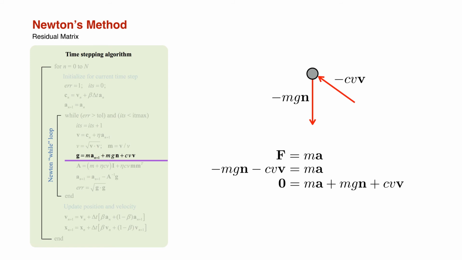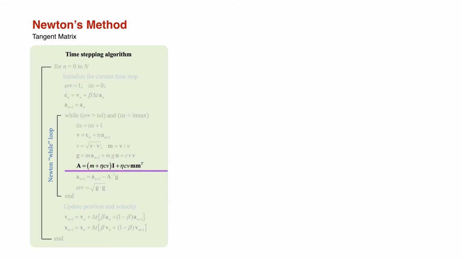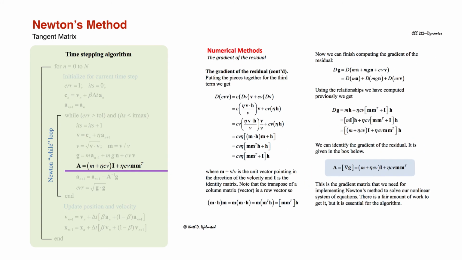We set the equation equal to 0. And then that's our residual equation. So we have G is the residual, as a function of A. So that's what that notation means. And then as you can see, that's the same equation in our pseudocode on the left. So then next we have the tangent, and that needs to be calculated by hand, and the full derivations are shown in the course notes.